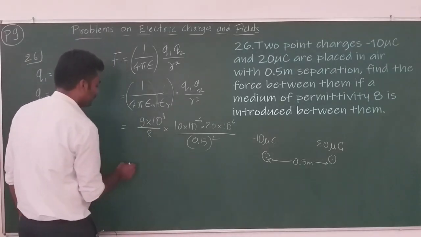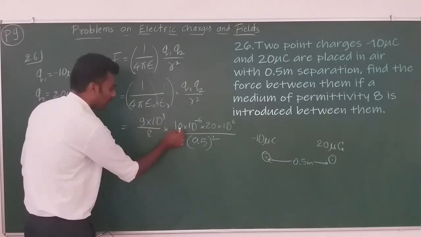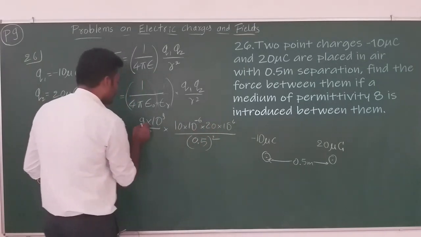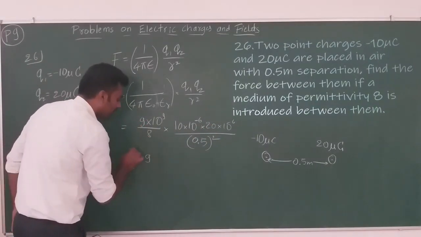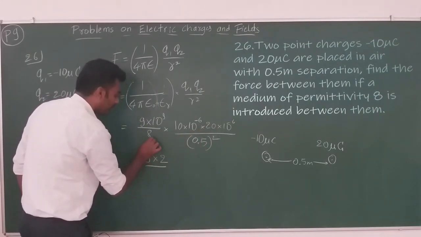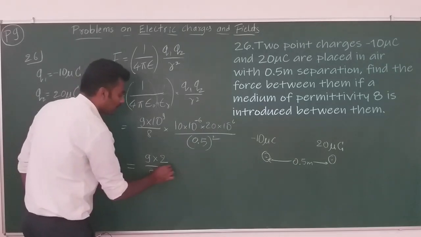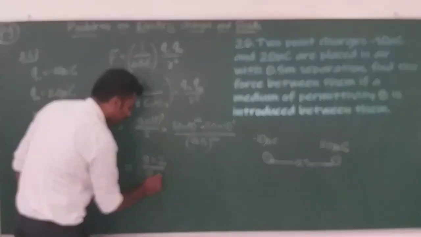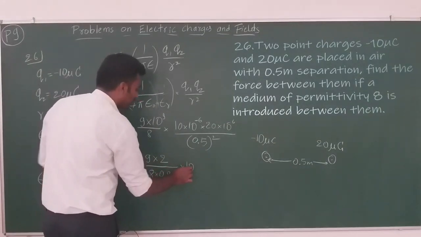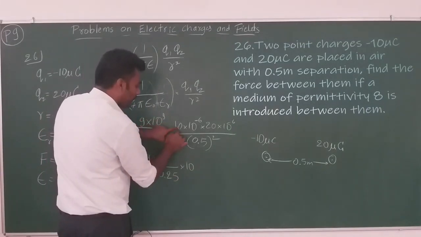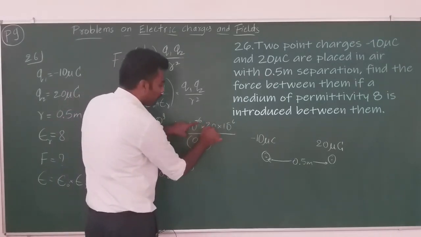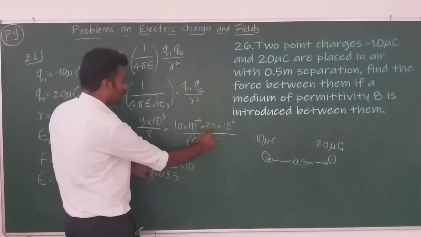So it is going to be 9. Let me take this 20 as 2 into 10. So it is going to be 9 in the numerator into 2 from this, divided by 8 into 0.5 squared, which is 0.25, into 10 to the power of 9 plus 1, 10 to the power of minus 6 and minus 6 is minus 12... plus 1 because we have taken only 2.